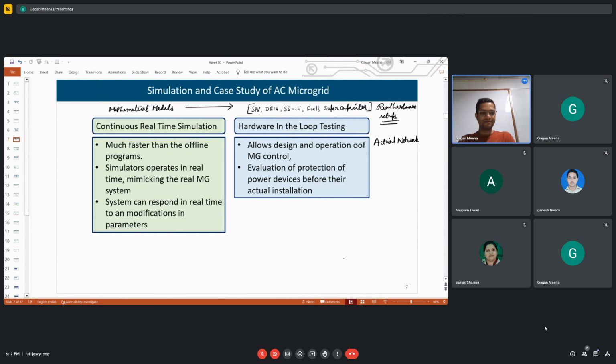So that network will be inside RTDS. That will still be a mathematical model. The network is still a mathematical model, but these different entities can be actual hardware of smaller ratings. So is this clear? The difference between simulation and testing?